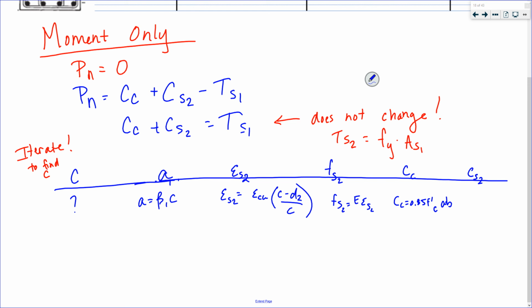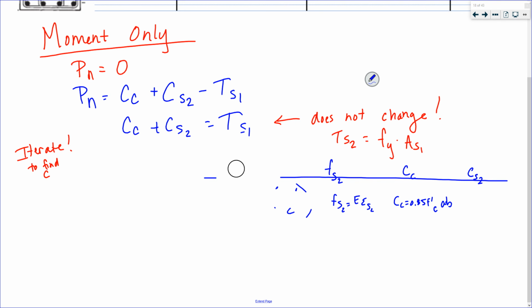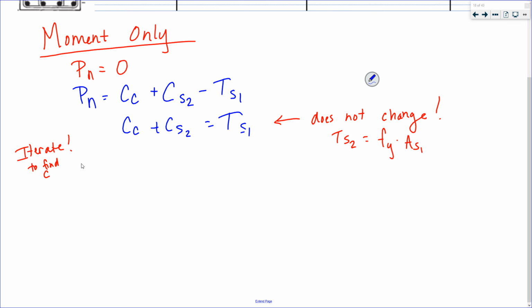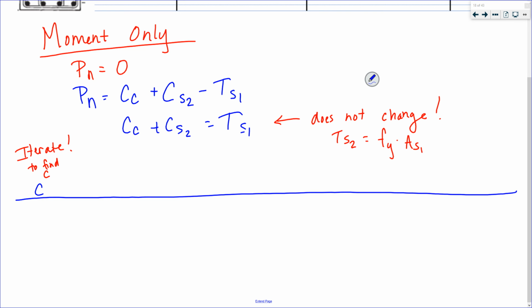Ugh, this is not going well. Running out of space. Got a C and an A. Strain.